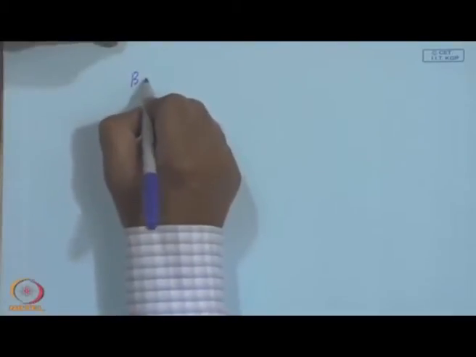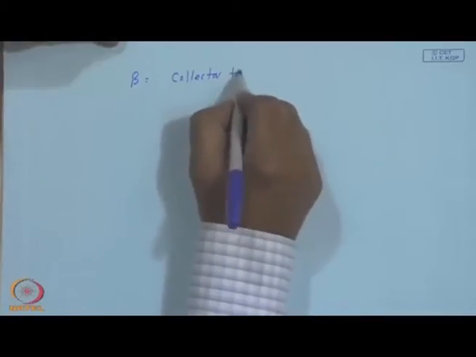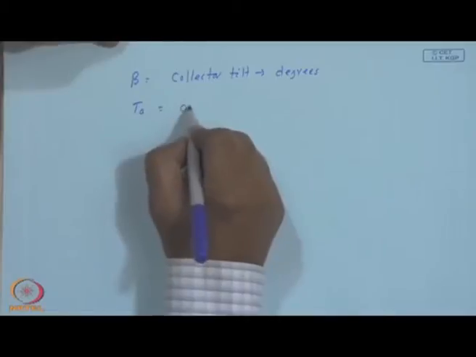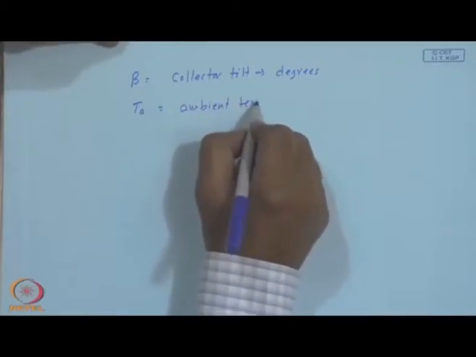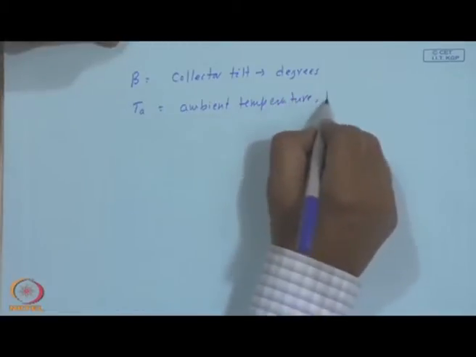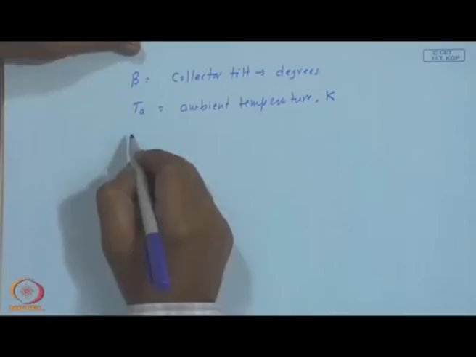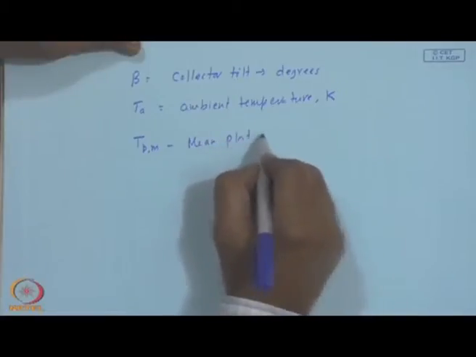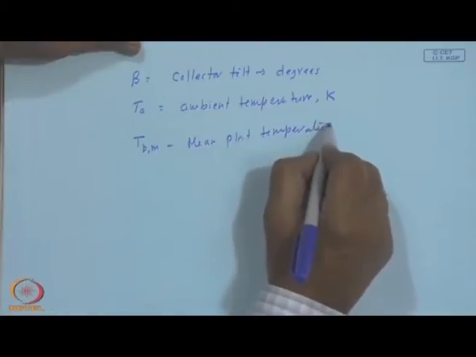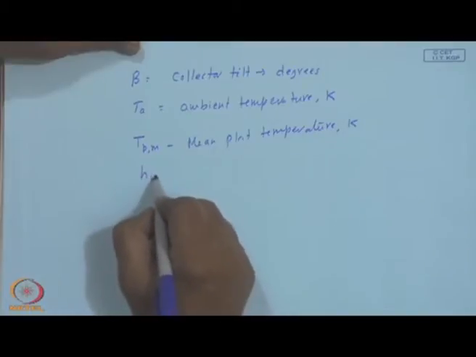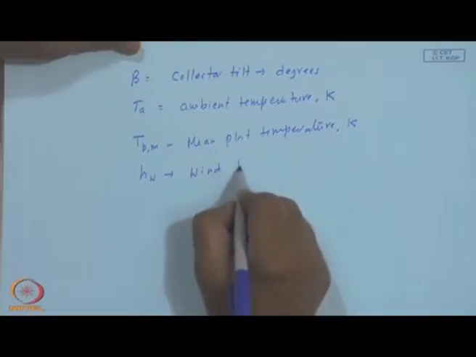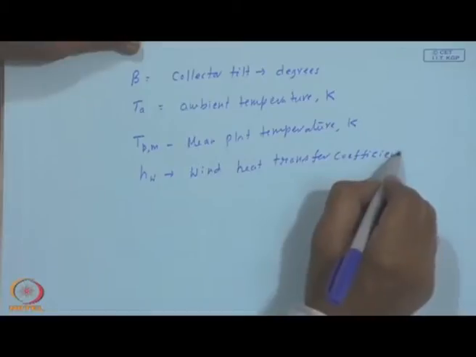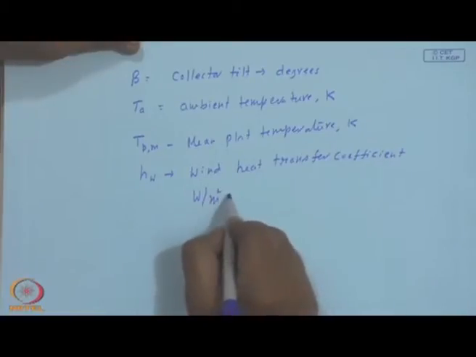TA should be in Kelvin, and TPM is the mean plate temperature, again in Kelvin, and HW is the wind heat transfer coefficient in watts per meter square degree centigrade.